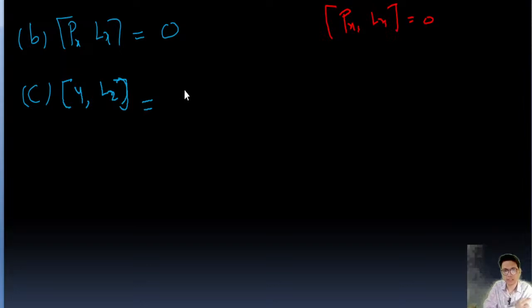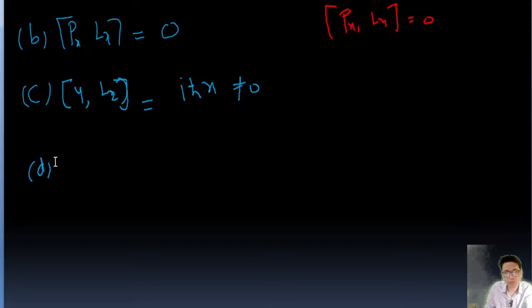We know the lz commutation, I already explained. So y lz means this is y lz, right? And this is in cyclic order, so iota h cut x. So this is not equal to 0. Means this is the correct answer.